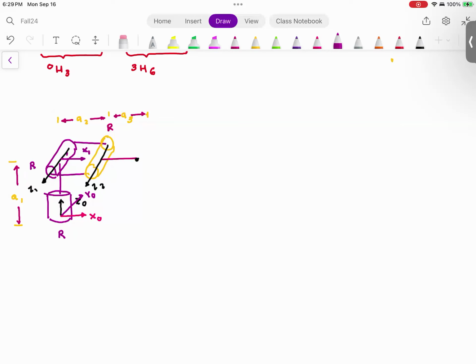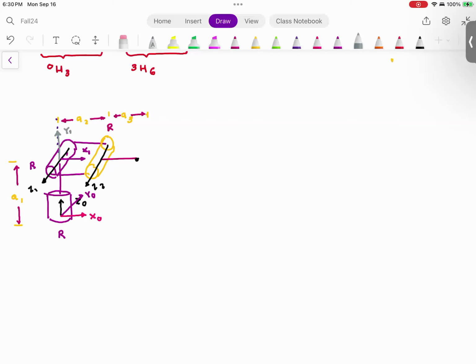Now some of you may ask me, why can't I use my x1 like this? Now please note, this is not intersection. It's basically x1 is parallel to z1. But if I draw x1 like this, x1 is intersecting with z1 and x1 is intersecting with z0. Everyone understood this? So you have x1, you have z1, and then you have this as y1.